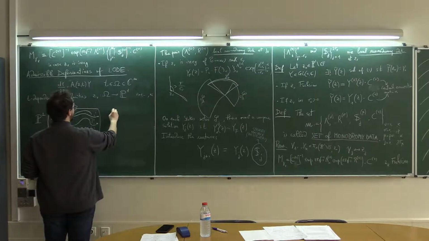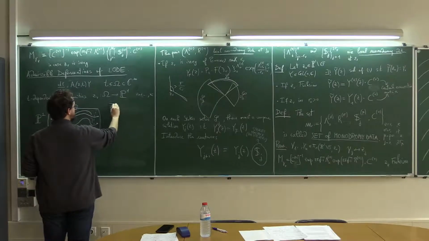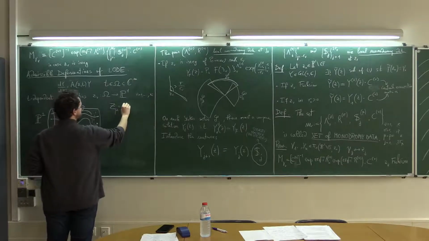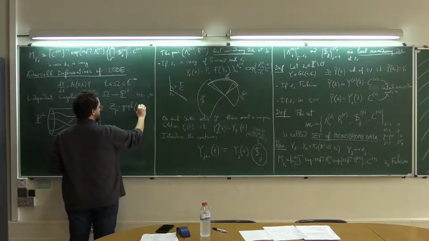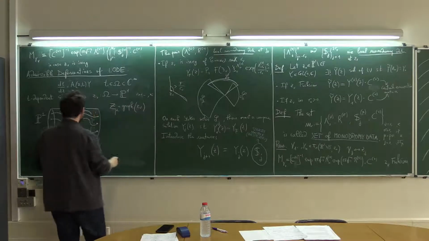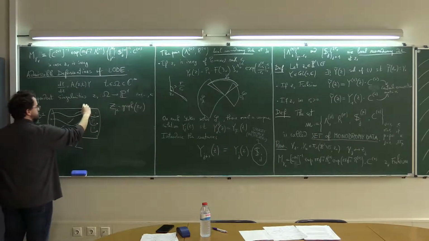So let me call, maybe it's not a very good notation, capital Z mu. Let me denote the graph of the function Z mu, seen as a function from omega to p1. So these strings are Z mu.